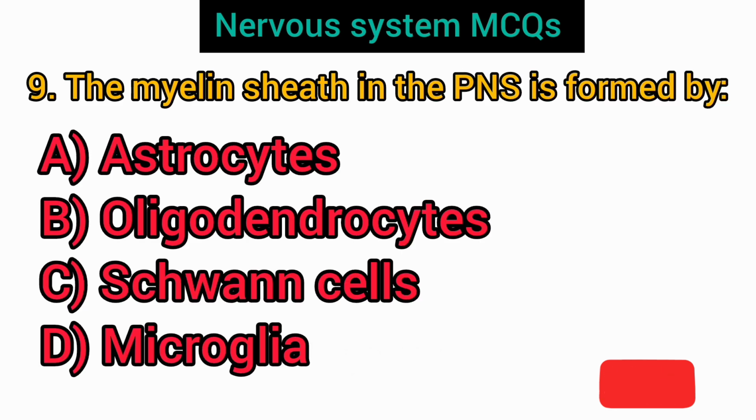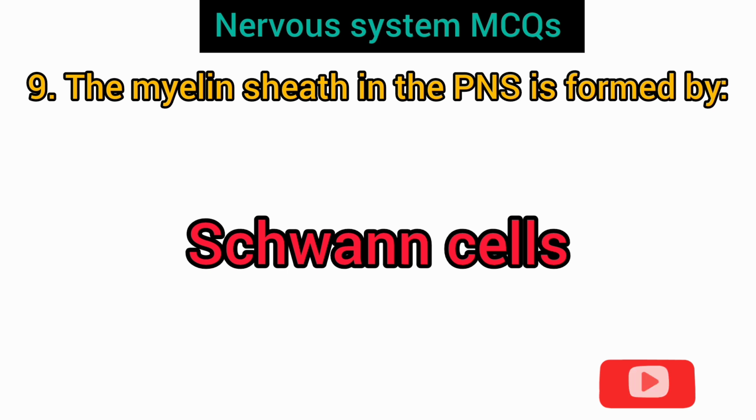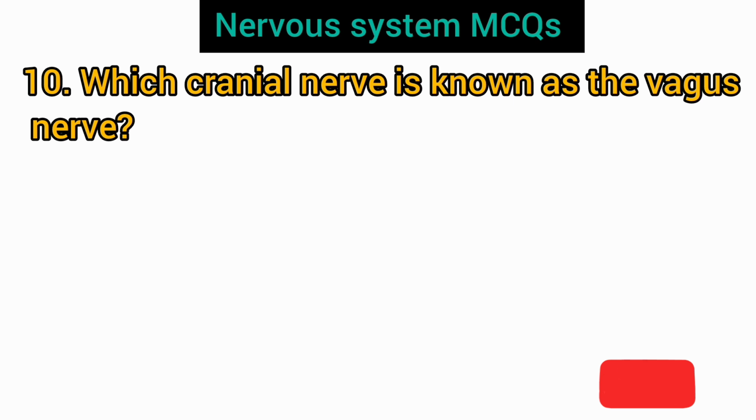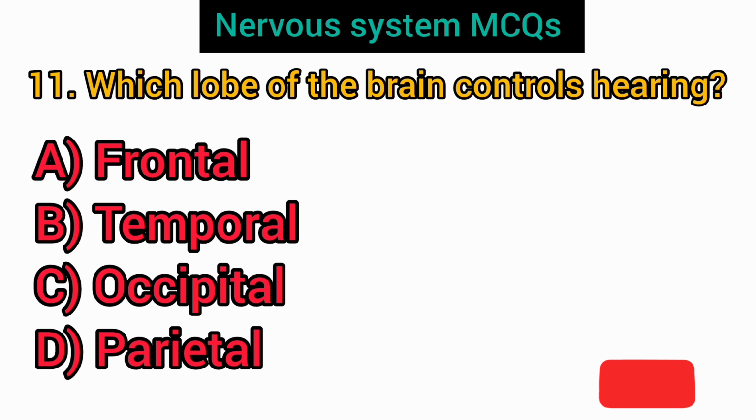The myelin sheath in the PNS is formed by Schwann cells. Which cranial nerve is known as the vagus nerve? Which lobe of the brain controls hearing?